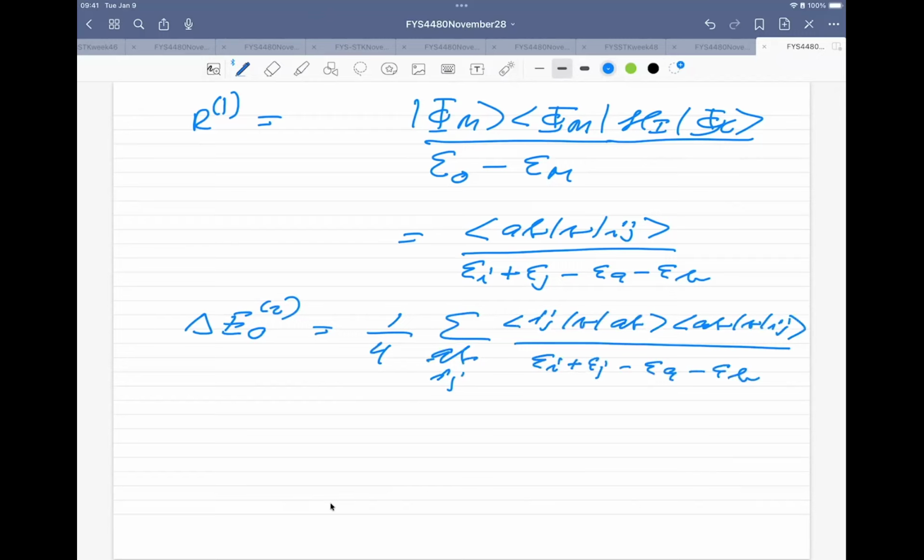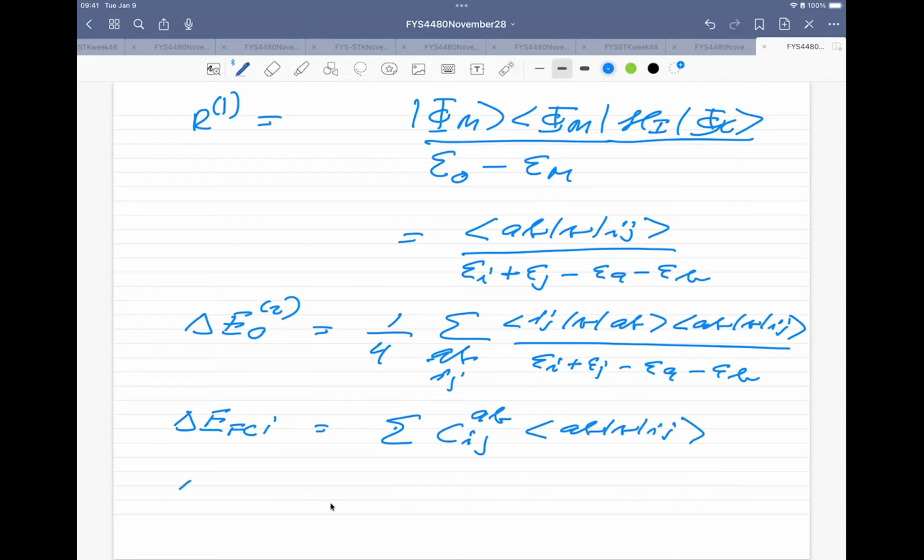Now the delta E FCI, on the other hand, with only two-particle two-hole excitations, that means that you were looking explicitly at the pairing model. You didn't have any Hartree-Fock excitations. Then that was given by, not 1 over 4, but a summation where you had to plug in these coefficients C_ij^ab, and then <ab|v|ij>.